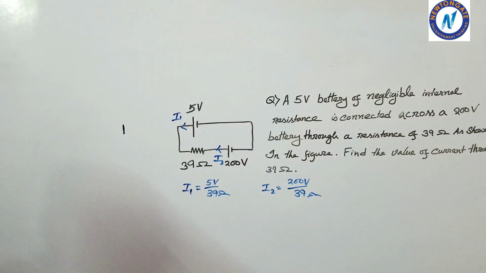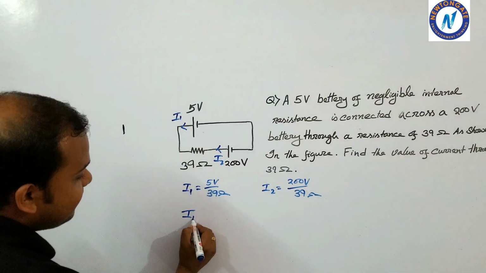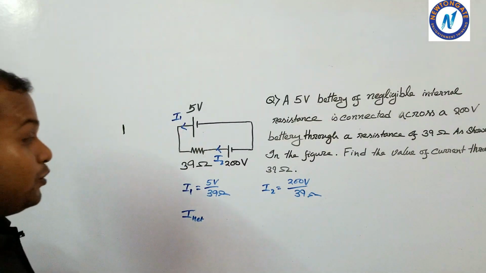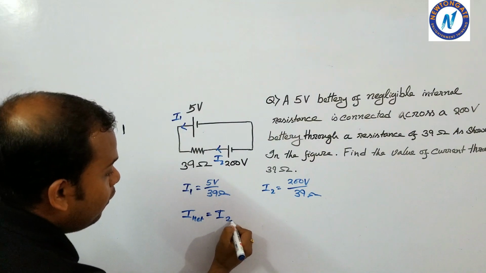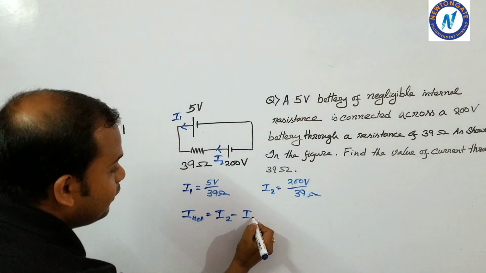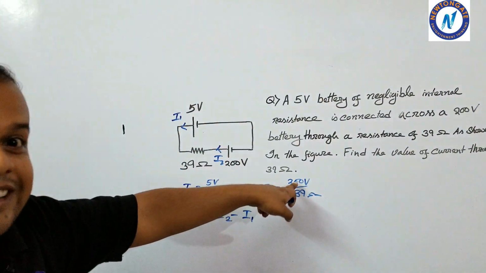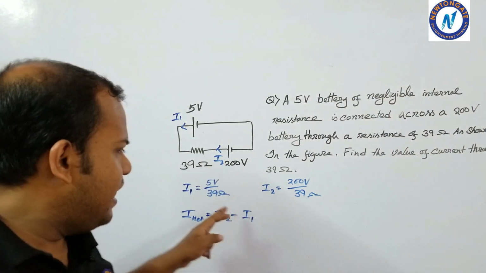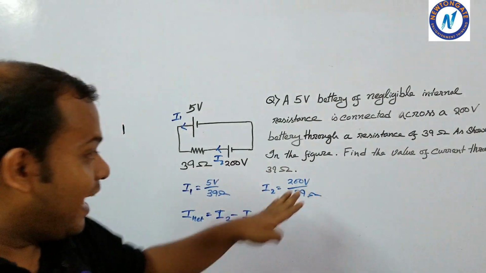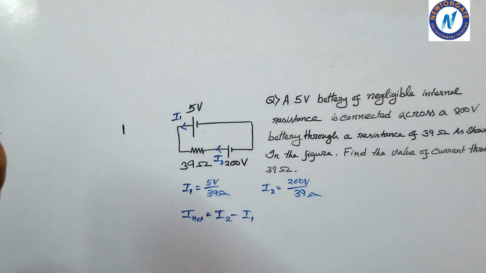So let us find out the net current here. So the net current, that is I net, will be I2 minus I1. Why? Because I2 is greater. See, the numerator is 200 here, and here the numerator is 5 only, and the denominator is similar. So can I say that I2 is very much greater than I1, and hence I2 minus I1.